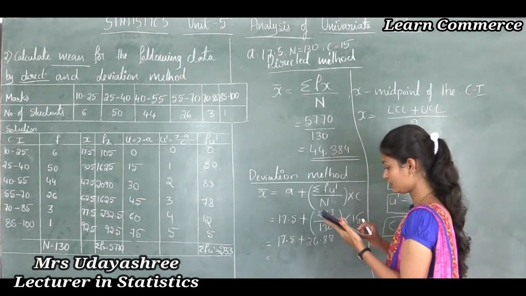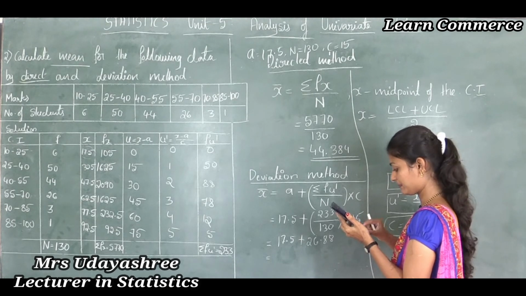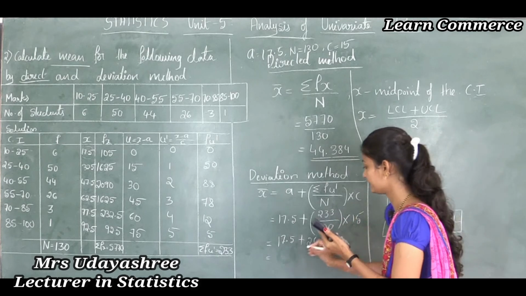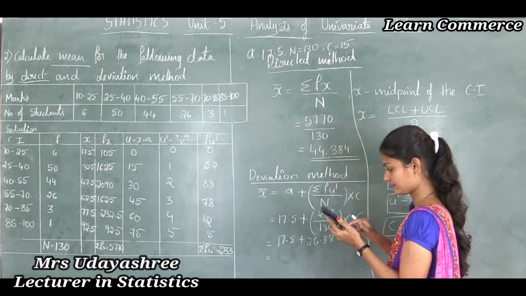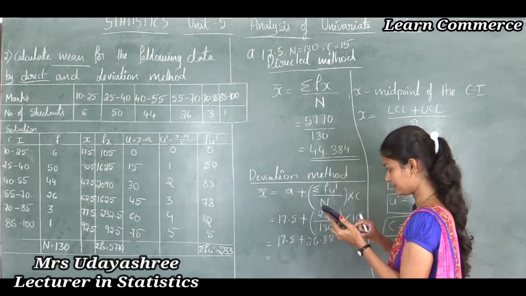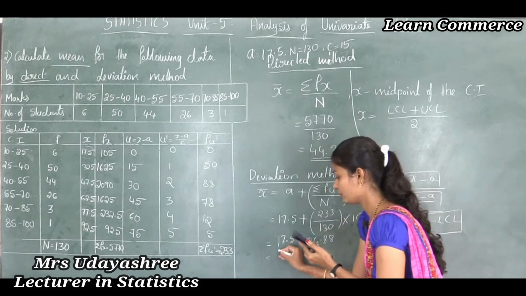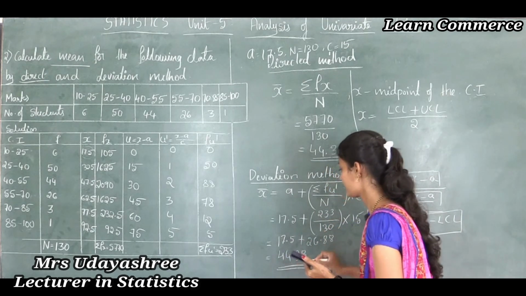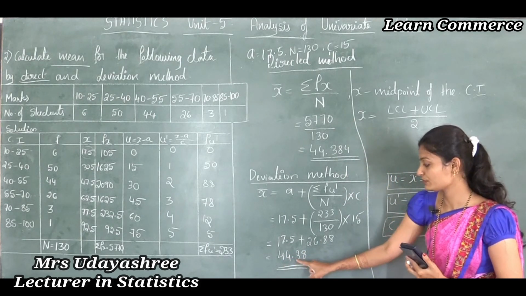This is equal to 17.5 plus 26.88, which is 44.38.